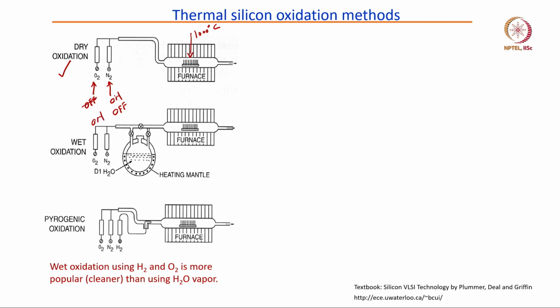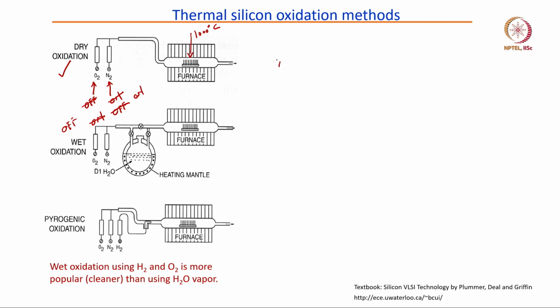Oxygen is on, nitrogen is off, so that silicon starts reacting with oxygen to form silicon dioxide. After the process is over, again we switch off oxygen and switch on nitrogen.